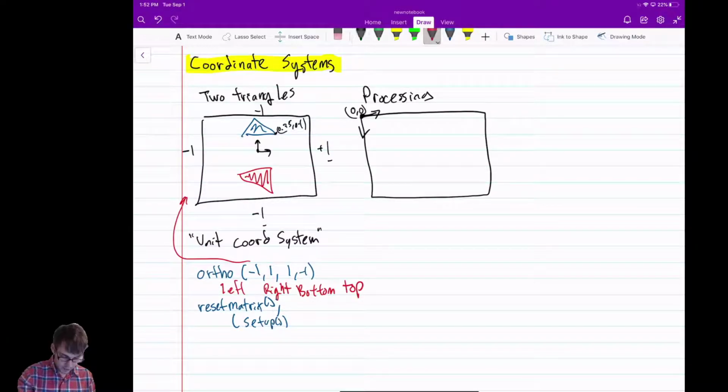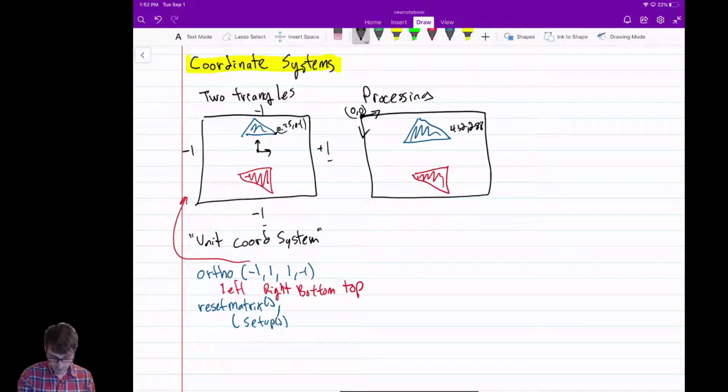We can just draw the same thing, but now, even though on the screen it can look identical, there are different coordinates. I took this from my notes: 432, 288 is this point. Same on the screen, exact same pixel, but we use different coordinates to get there because our viewport is set up with a different coordinate system.